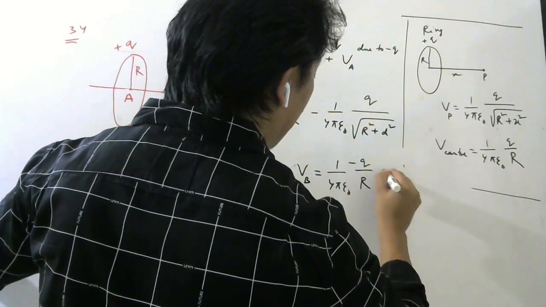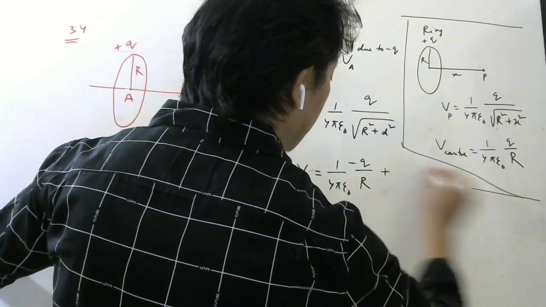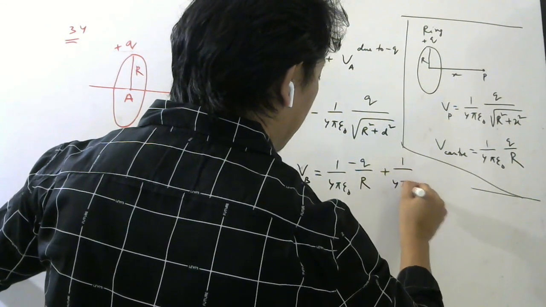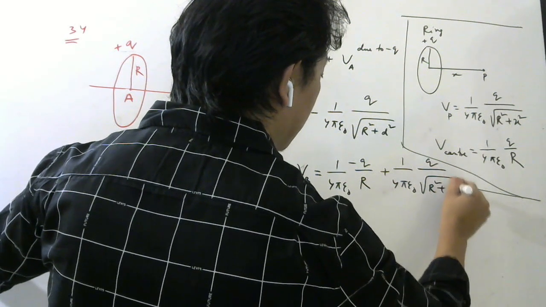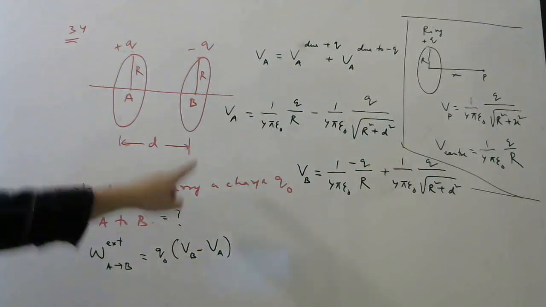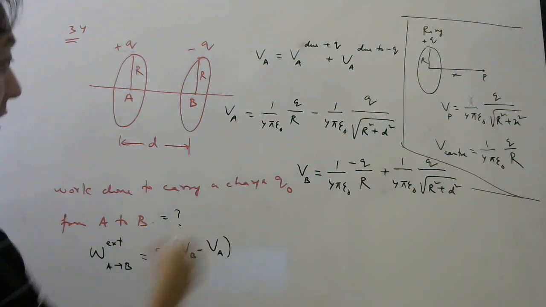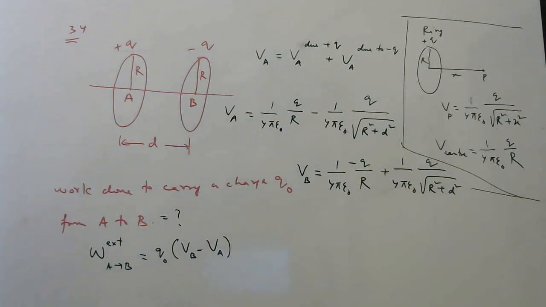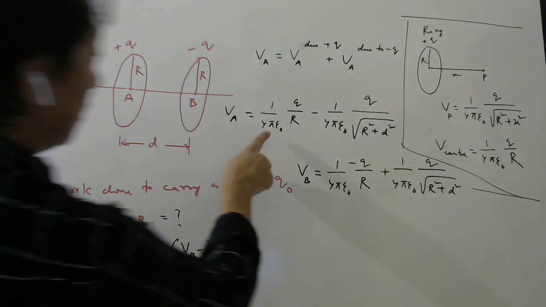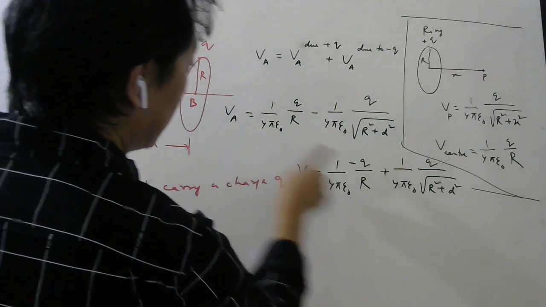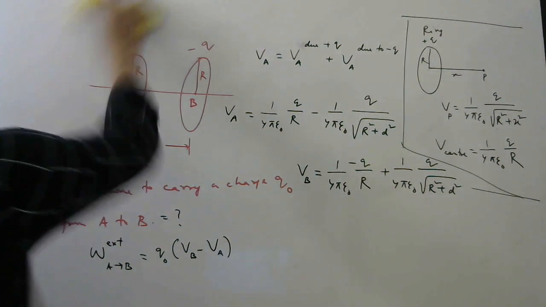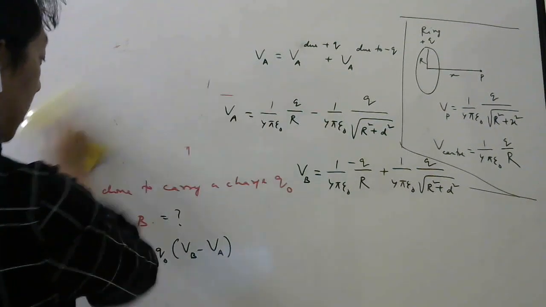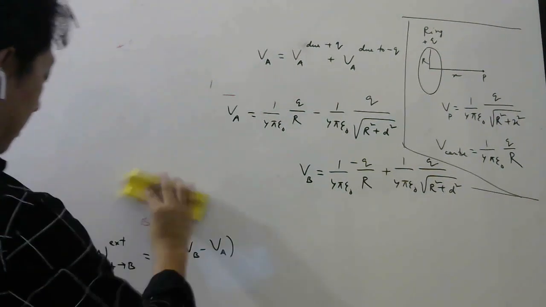The upper one: plus 1 by 4 pi epsilon naught q by root over r square plus d square. So I know VB, I know VA. Now when I subtract, will anything cancel? No, nothing will cancel, because this and this are opposite, and this and this are opposite. So now we have to substitute VA and VB and calculate the work.